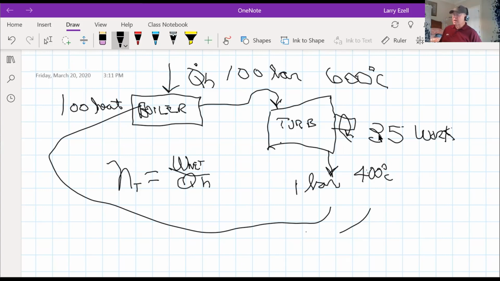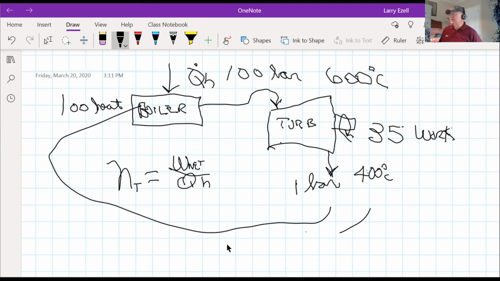Now, talking about a power cycle, why did I say work net? Why didn't I just say work, like over here? Well, I don't show it in this, we'll see it later, but I also have to drive a pump in this circuit. Pump some water back up to the boiler. This water is making the trip all around here, and I don't show a couple other devices. So there is some more work that has to be paid for, and that's the pump work.